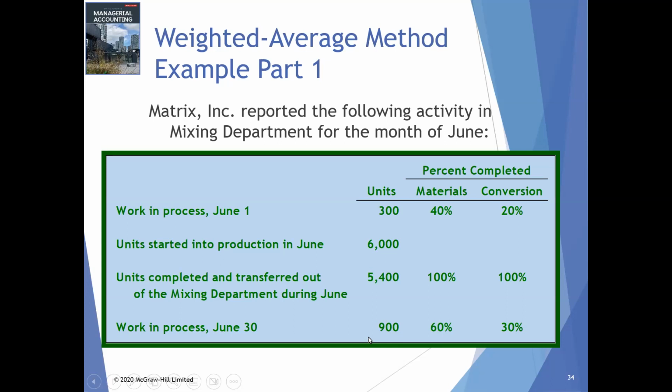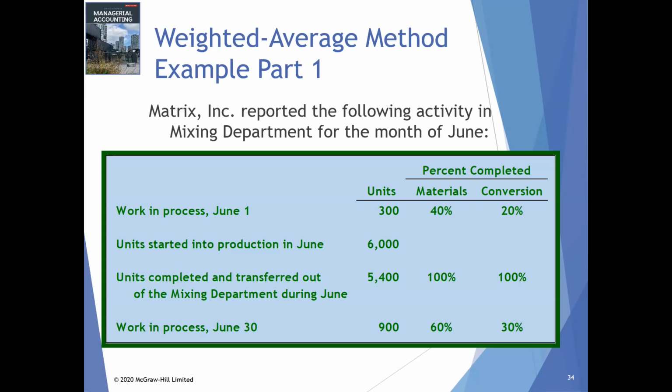For the 900, 60% of 900 is 540, and 900 into 30% is 270.